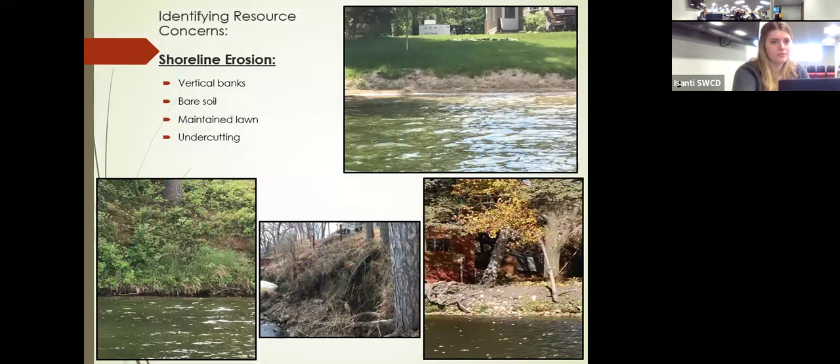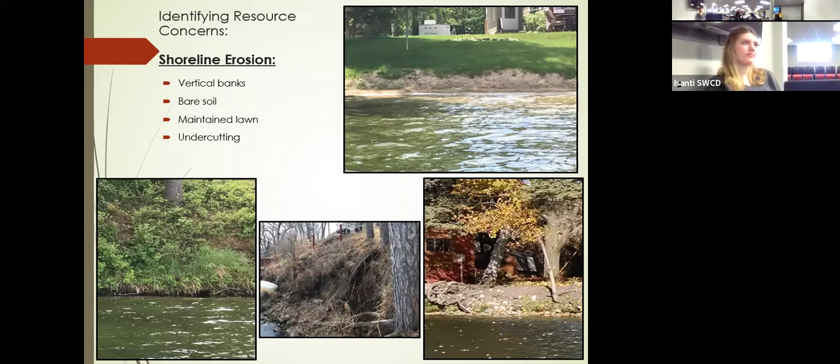So the other resource concerns, let's talk shoreline erosion. This is probably the biggest one for people, and it can vary in different degrees. It can vary depending on the lake that you live on, like the elevation of the lake, and the fetch. Fetch is how big your waves can get, depending on the roundness or diameter of the lake.